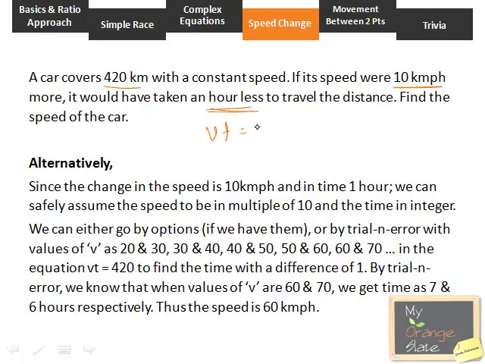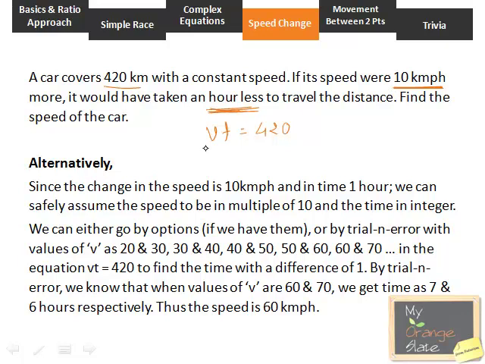We know that speed into time is equal to distance, which is 420 here. Now, given the values, we can safely assume that the time in both cases is an integer and so is the speed. Not only that, we can also assume that speed most likely should be a multiple of 10.